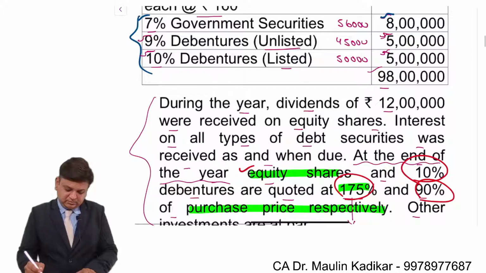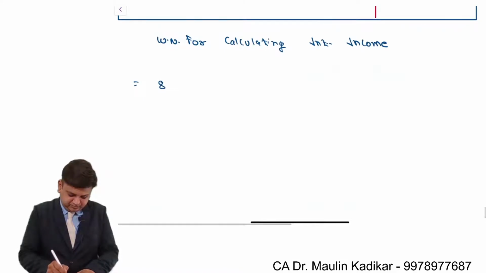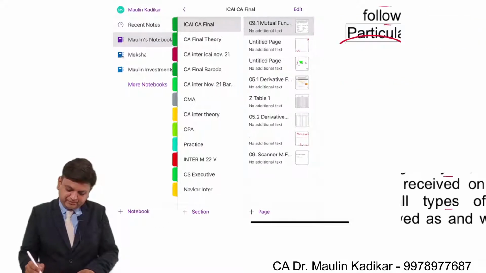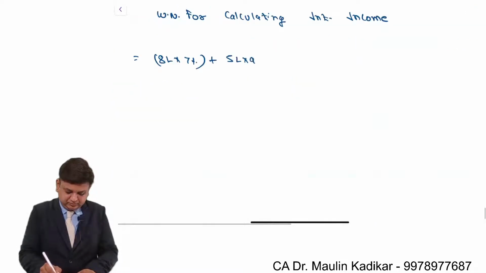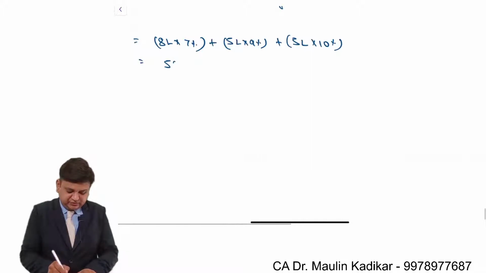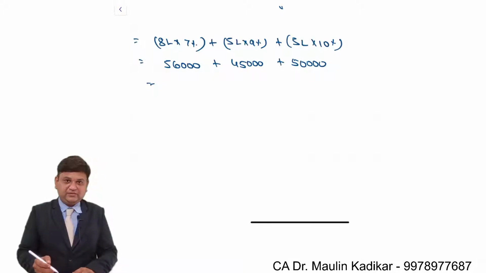In that write down 8 lakhs into 7 percentage plus 5 lakhs into 9 percentage plus 5 lakhs into 10 percentage. So 56 plus 45 plus 50,000. That comes to 1,51,000.